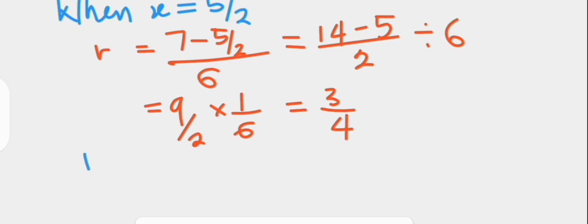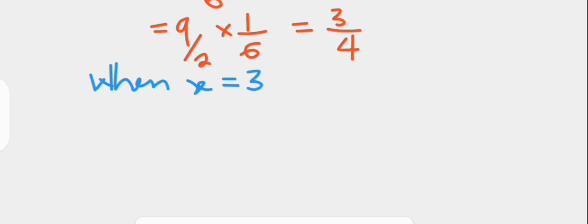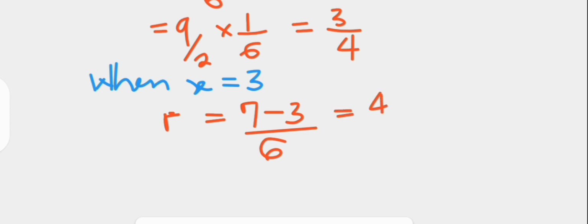For the second value of the common ratio, we consider the case when x is 3. Now when x is 3, r this time around is going to be 7 minus 3 over 6, still using 7 minus x over 6, and that's 4 over 6, which is 2 over 3.